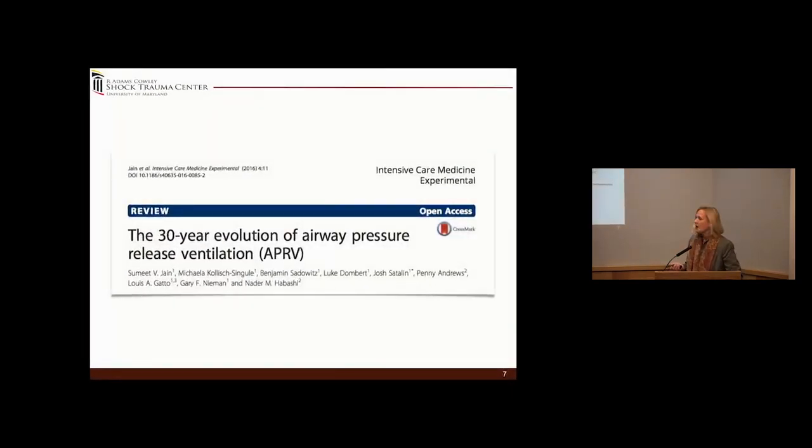We actually looked at a 30-year evolution of APRV because we wanted to look at what exactly we are studying here. If you read this paper, you see it is all over the place. It's called APRV, from pressure control, 1 to 3, 1 to 1, 2 to 1, 4 to 1, it's all over the place.